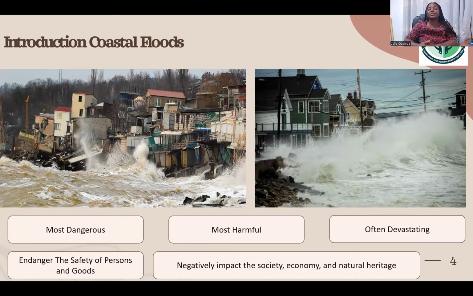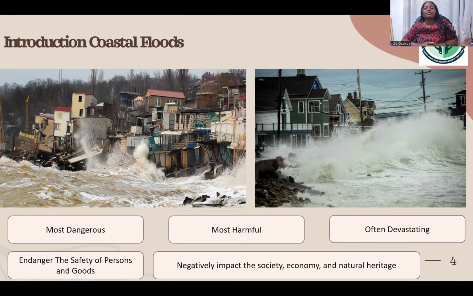And so when we are talking about coastal floods, we just relate to coastal waters overflowing to certain areas within the coastal zone, which are mostly not prone to flooding. In that case, we can say that flooding has occurred in the coastal area.